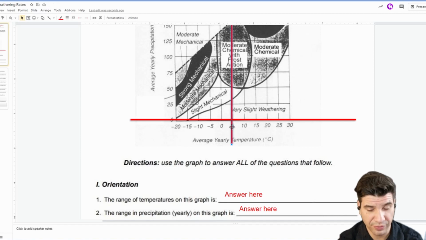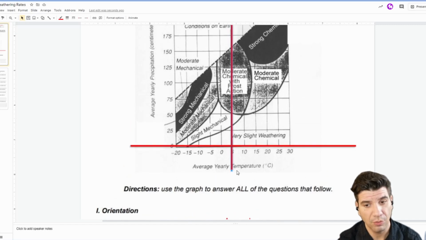So what is that? That's around 40 degrees Fahrenheit. What would the weather be like there? Obviously it'd be cold and dry. This would be like a desert, kind of like the Atacama Desert in Argentina. Very slight weathering, very little is going on.